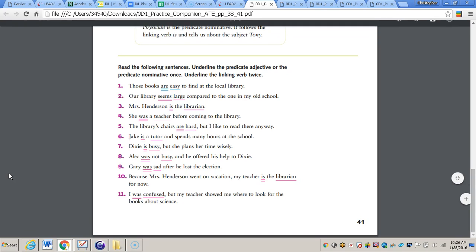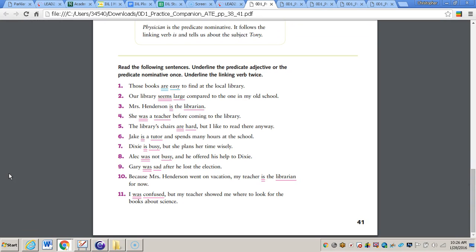So let's take a look at the rest of these sentences. So number 4, was is the linking verb, and then teacher is the predicate nominative. Number 5, are linking verb, hard predicate adjective. Number 6, is linking verb, tutor predicate nominative.